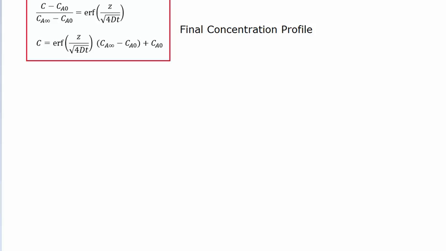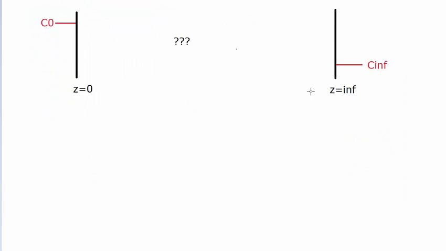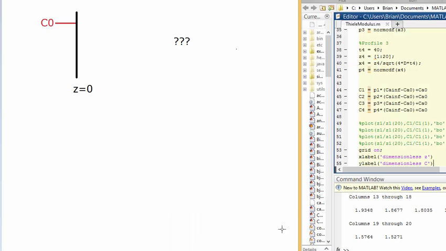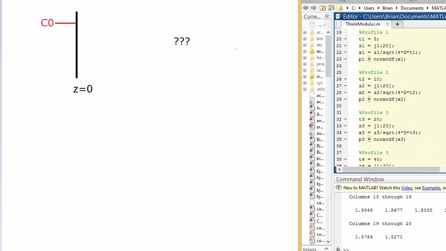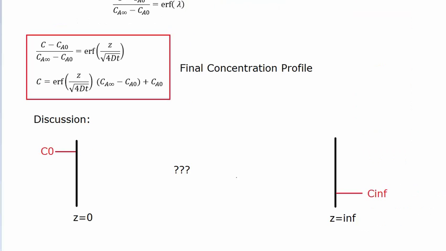So now, if you didn't care about the mathematics, now we're going to discuss the results of this final concentration profile. So initially we wanted to model what exactly is the behavior going on within this system over here. Well, what I did is I went into MATLAB and I started to model basically this equation.